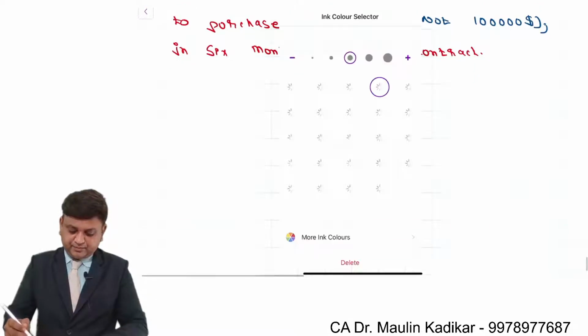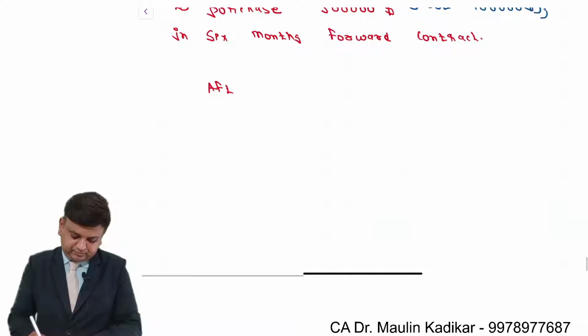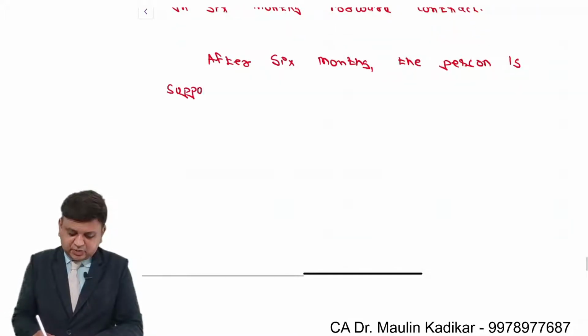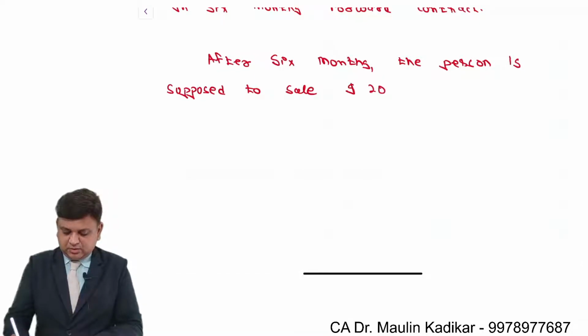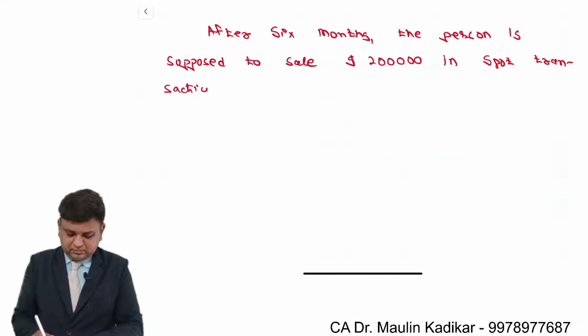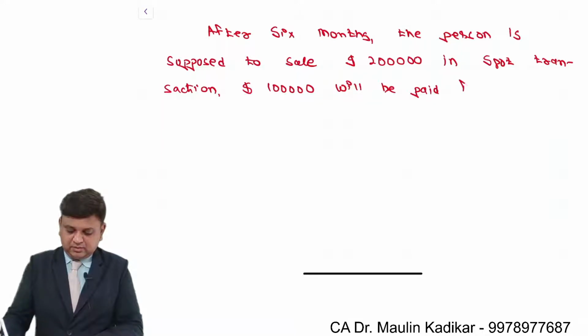After 6 months, the person is supposed to sell $2 lakh in spot transaction, $1 lakh will be paid for repayment of loan.